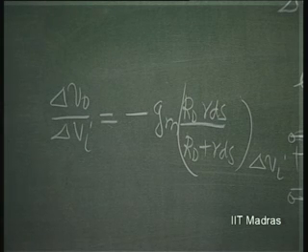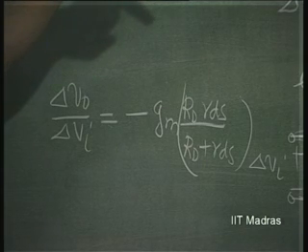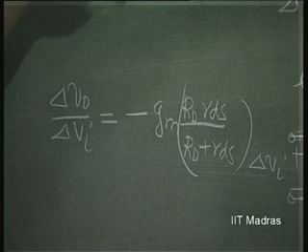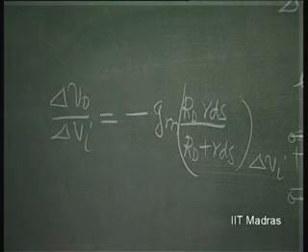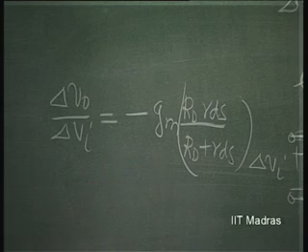This is the effective gain. If RDS is infinity, we get back what we have earlier assumed, which is Gm into Rd. Otherwise, if it is finite, it is Gm into Rd parallel RDS, RDS by Rd plus RDS.